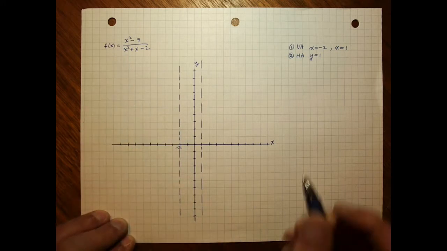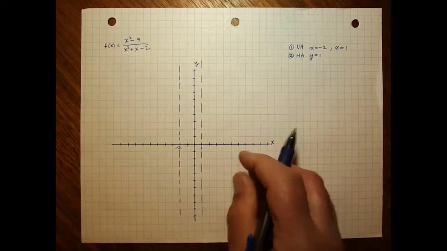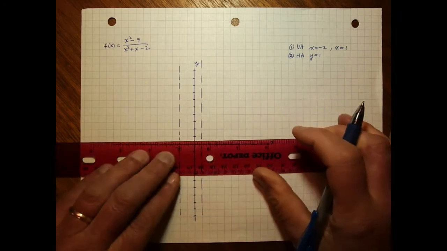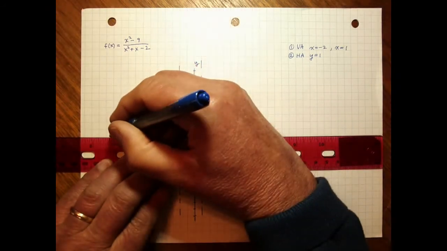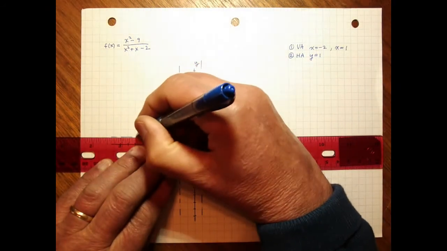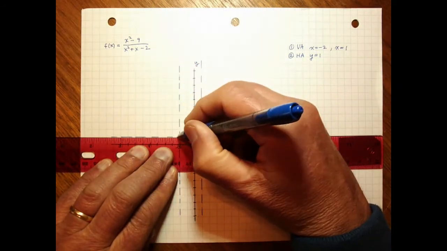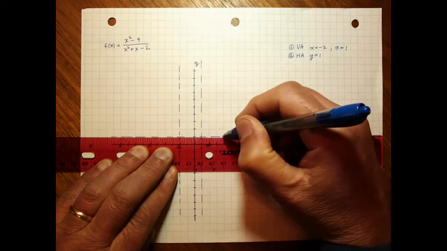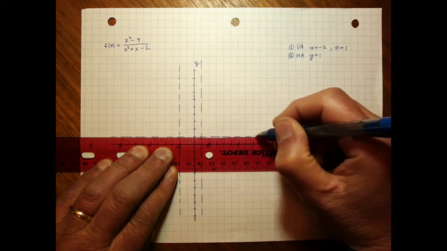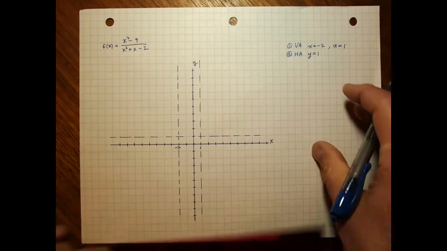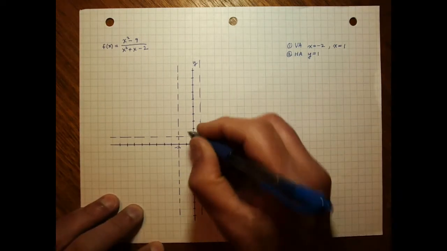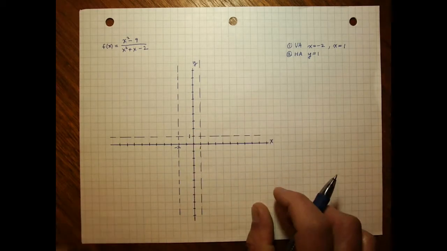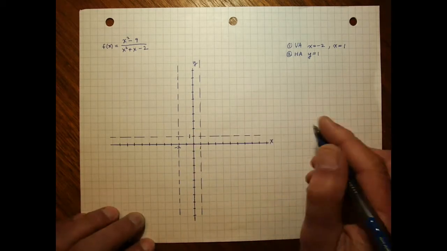Y equals 1 is that horizontal asymptote. So I'm going to draw that on my graph. Okay, and so I drew that through 1 on the y-axis, so I have that horizontal line drawn.